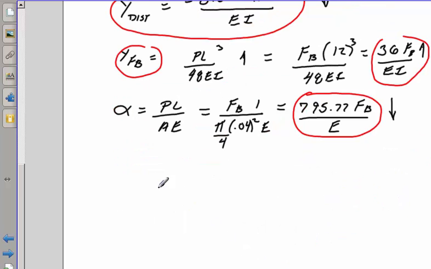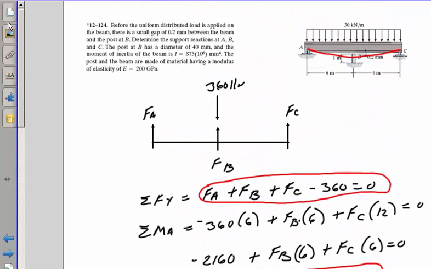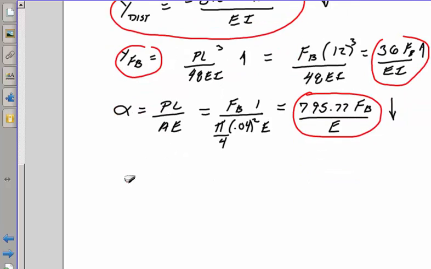Okay, and the only other deflection that we have is given as, I'm going to erase this, 0.02 is our other deflection. Okay, so now we have everything we need. Alright, so now we're ready to solve this problem.